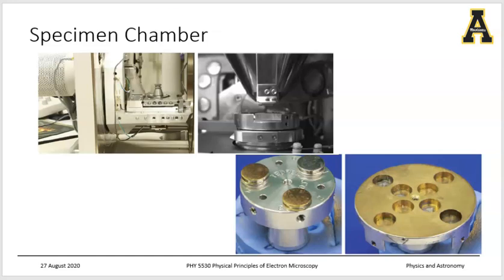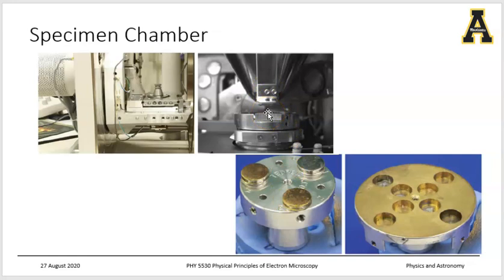Okay, and inside the chamber, here what you're looking at is that pinhole lens, right? And this is where you place the sample. So you have these little metal discs on which you mount your sample, and then you bring it right under the pinhole to image it.